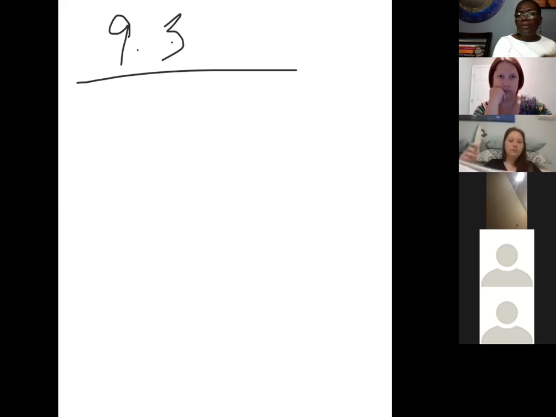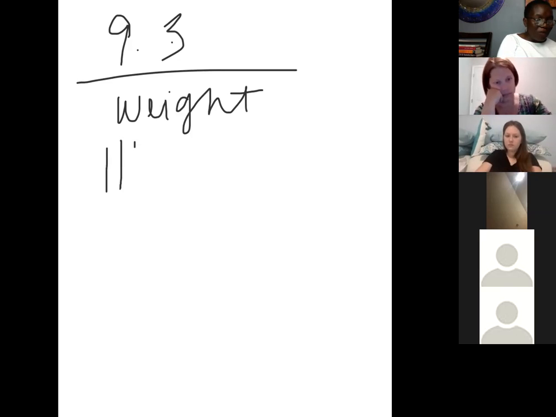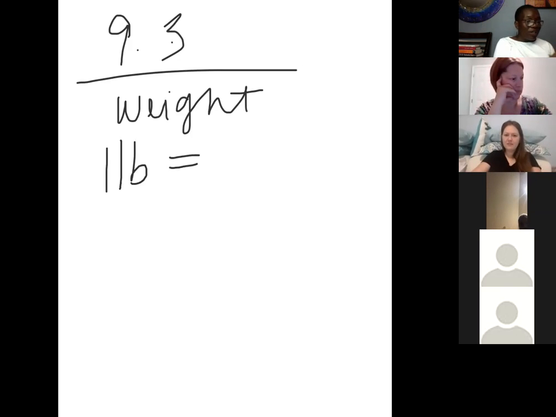All right. So in lesson 9.3, guys, quickly, this is about measuring weight and converting temperature. When we talk about weight, the most common measurement we use in weight is pound, okay, or ounces. 1 pound is equivalent to 16 ounces.